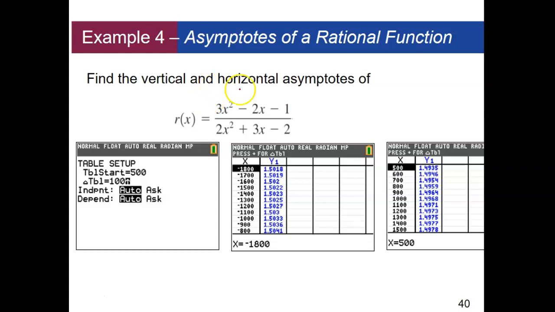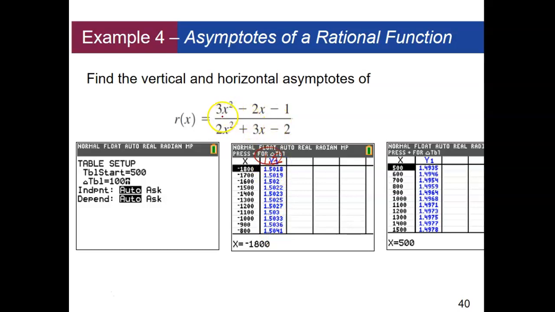For the horizontal asymptotes, we're looking at the behavior as x gets really large, either in the positive direction going toward positive infinity, or as x is going toward negative infinity. We want to look at the behavior. So here, this would be showing it going toward negative infinity. And if you notice, these values are getting closer and closer to 1.5.